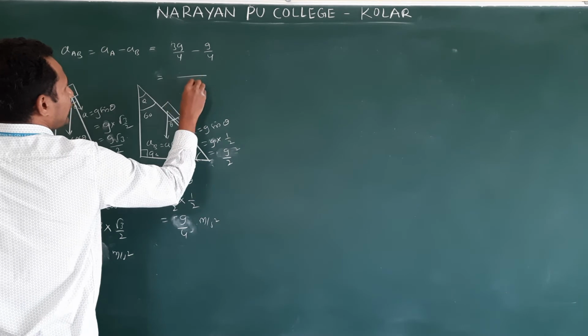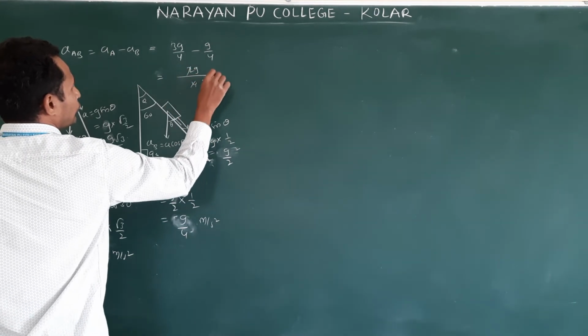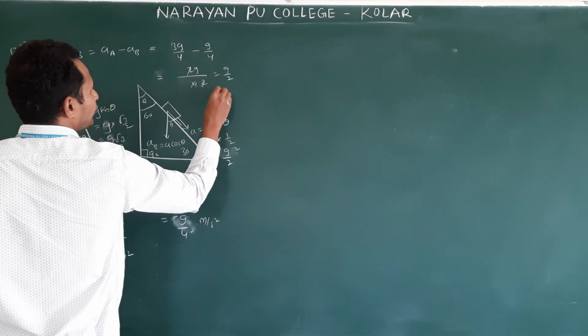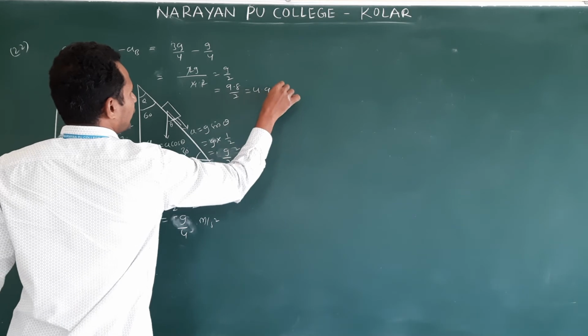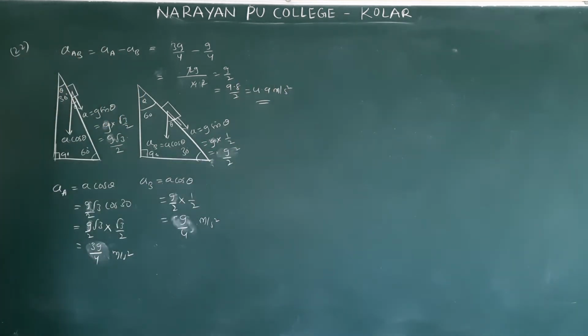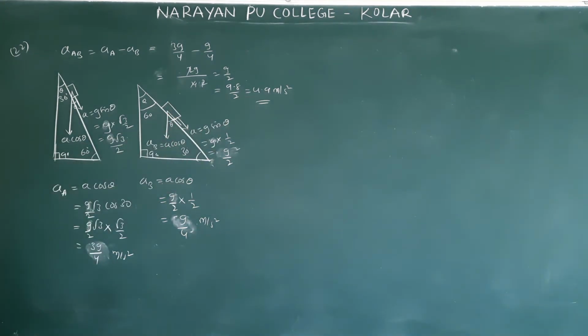So 4 is the LCM, 2g by 4, 2 ones, 2 twos, g by 2. The g value is 9.8 by 2, so this is 4.9 meter per second square. If we take it as 10, what do we get? We will get 5. But in the options they have given 4.9. So 4.9 in the vertical direction.